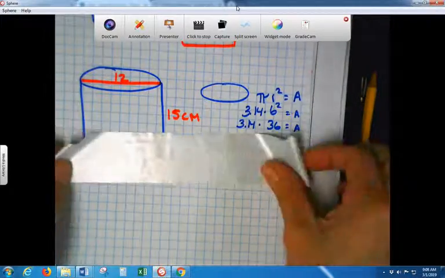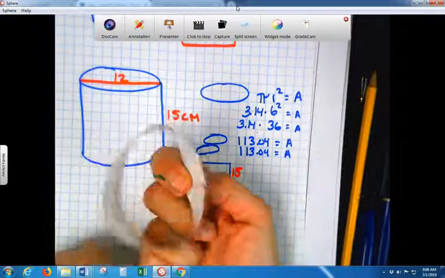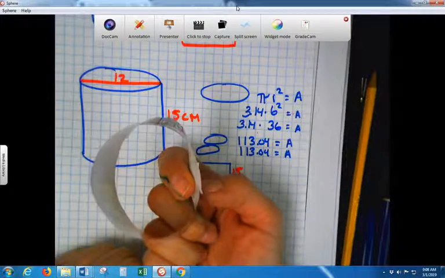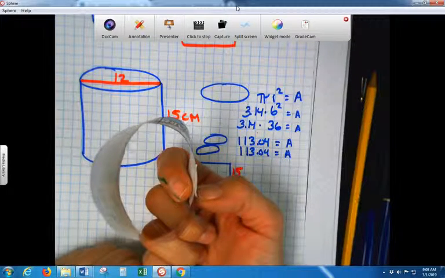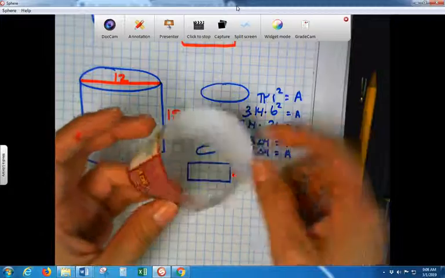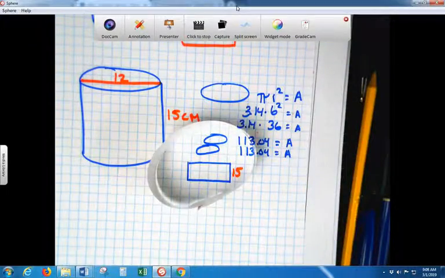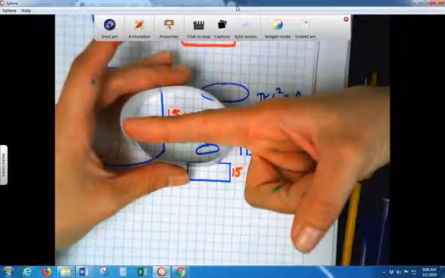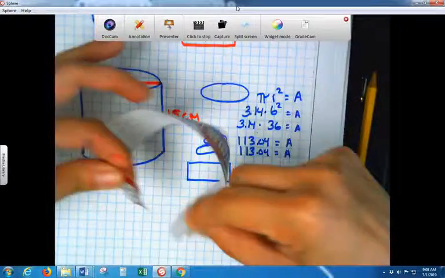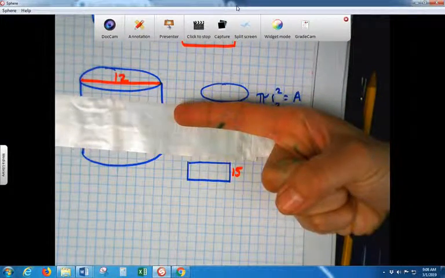It was a circle. Okay, here's my circle. What does the 12 represent? The diameter, right? This part. So, oh look, it kind of is the size of my finger, right? Well, but when I open it up, oh, it's doubled?